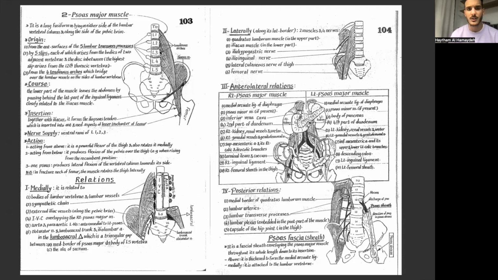The one that starts on the transverse process and the anterior bodies of T12 to, I think, L5, and inserts onto the lesser trochanter. It also gives you insertions, nerve supply, and actions. If you want to dive deeper on the relations that surround this muscle and where it's situated, it talks about psoas fascia if you want to read more.